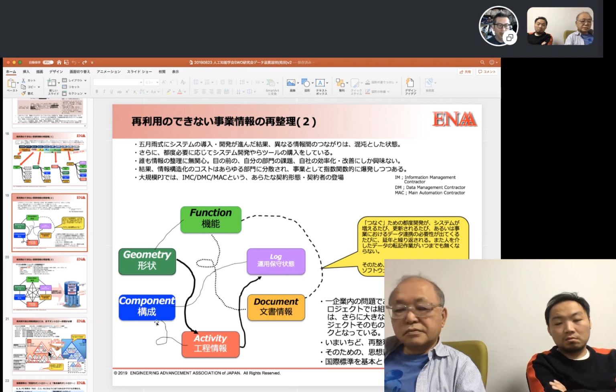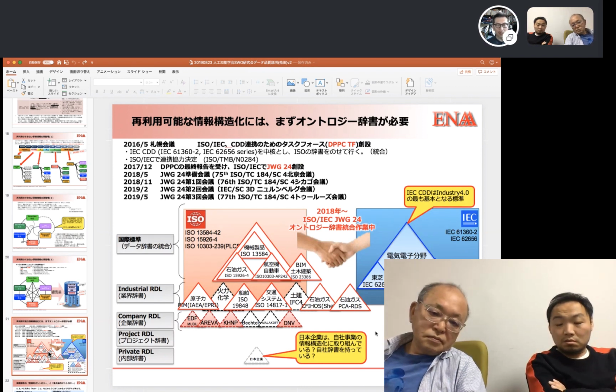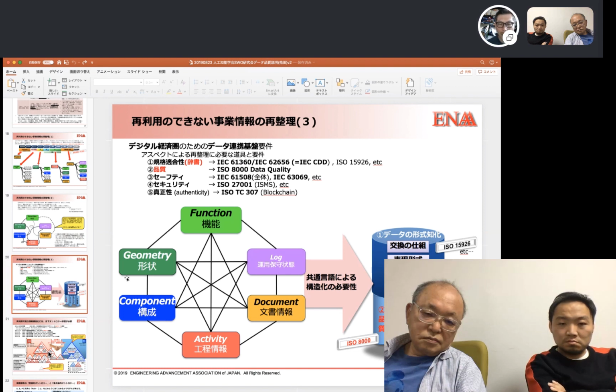That's why I explained what happens at this moment in the community of the ISO IEC. We already have a dictionary, so we may be able to say we are ready to use that dictionary to restructure our information in a formal way.